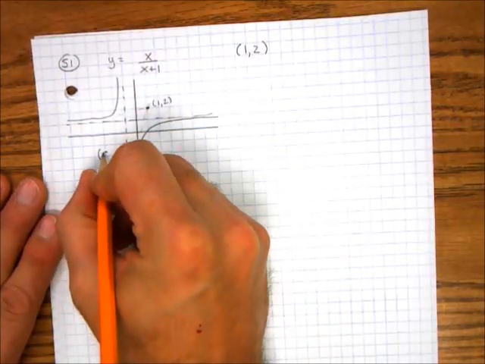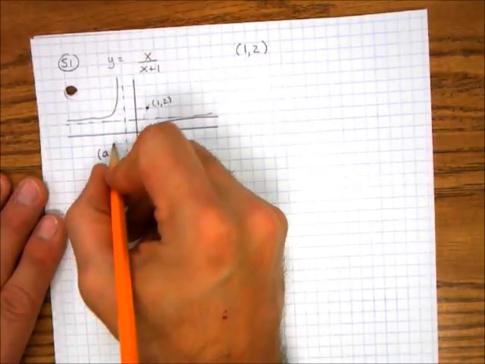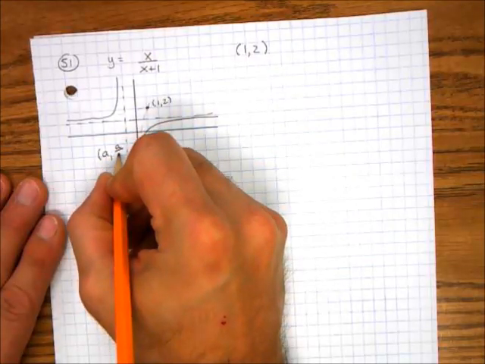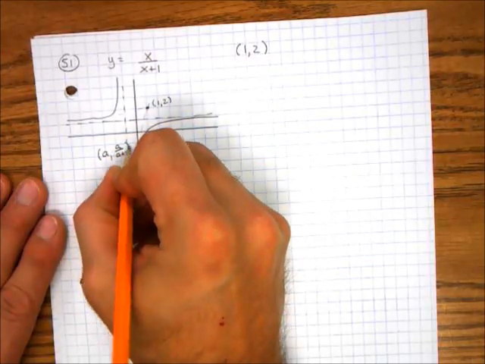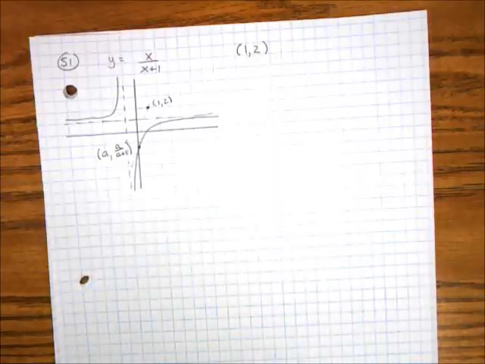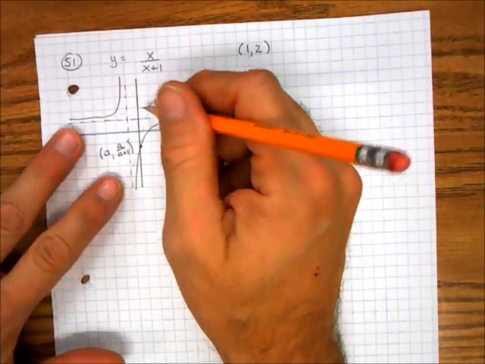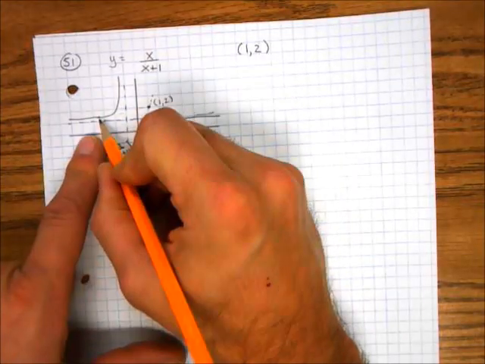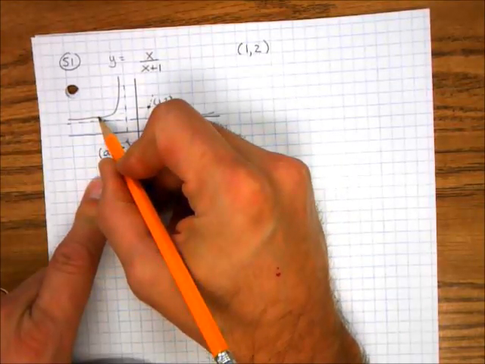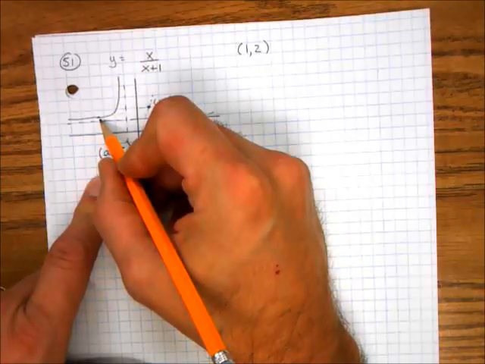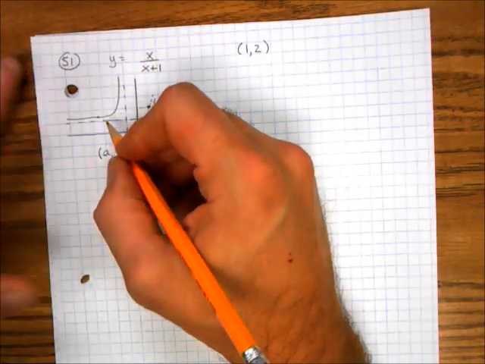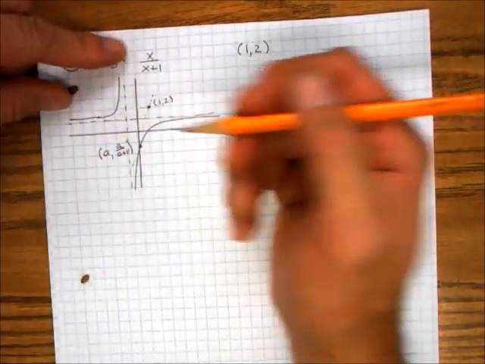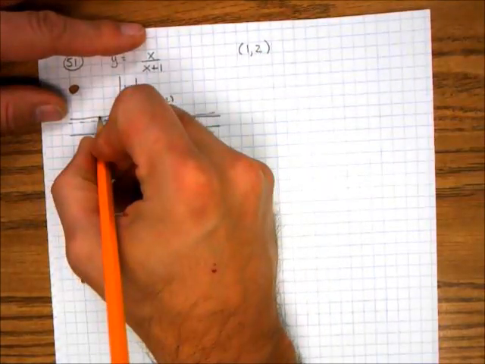So we're going to go a comma a over a plus 1. We're going to find out what the slope is of this line right here. Now we don't have to do both, because this point right here is also a comma a over a plus 1, right? Or maybe b comma some constant. Okay, so let's see what happens here.